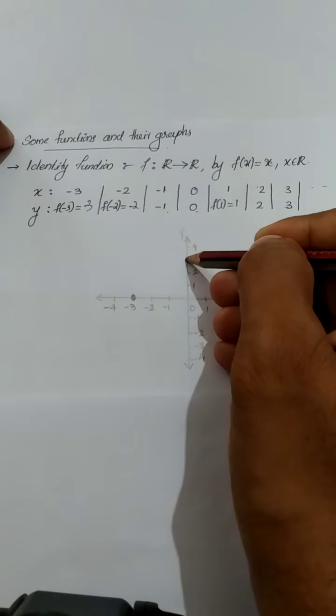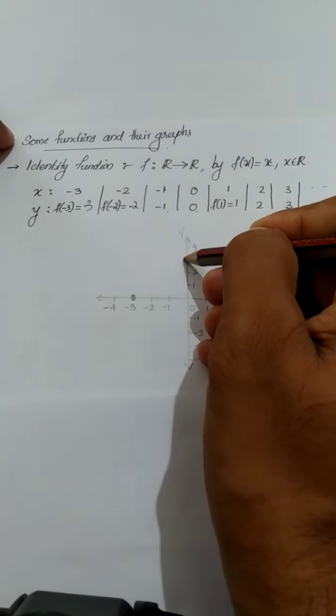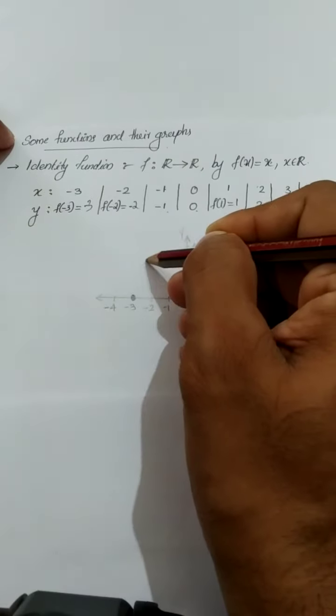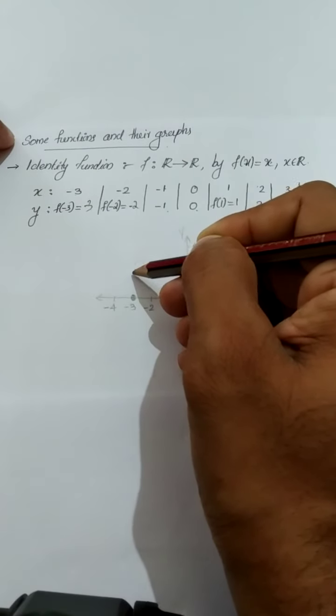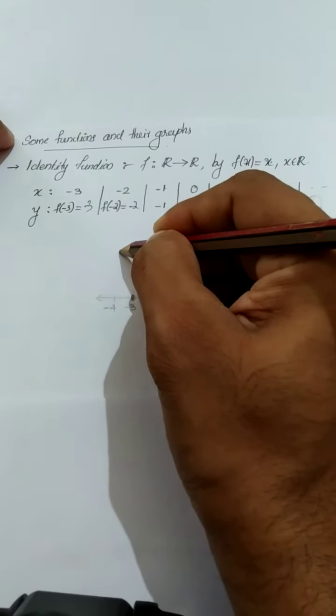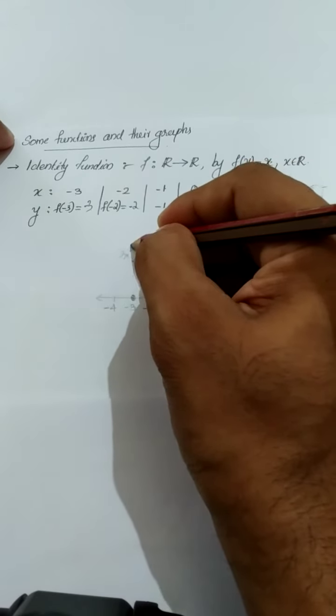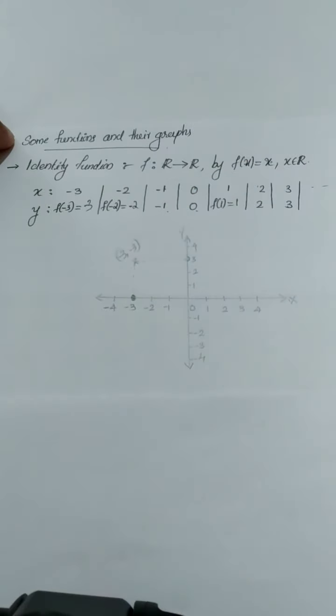So this is the f of -3. This is the point intersecting these 2 points, the point x comma y, -3 comma -3. This is the point -3 comma -3, that is x comma y.